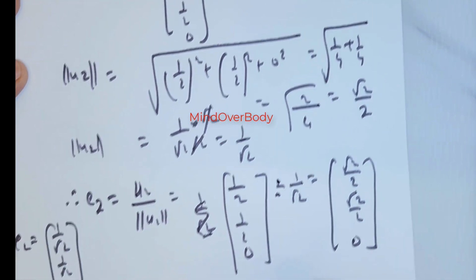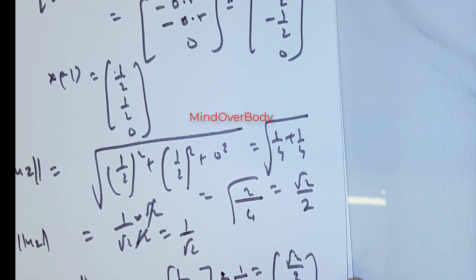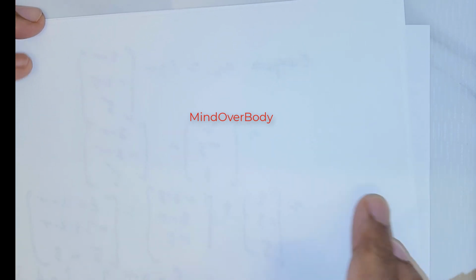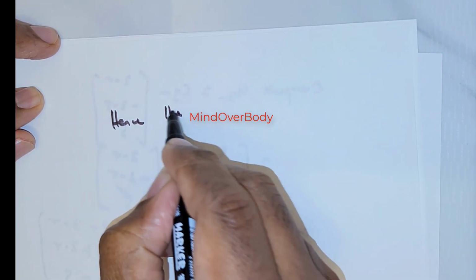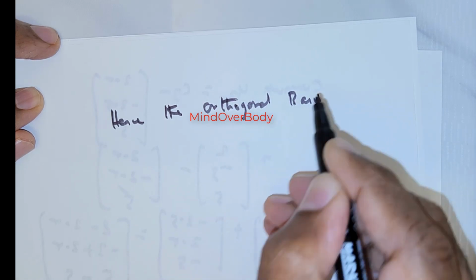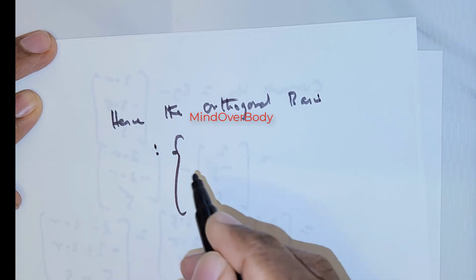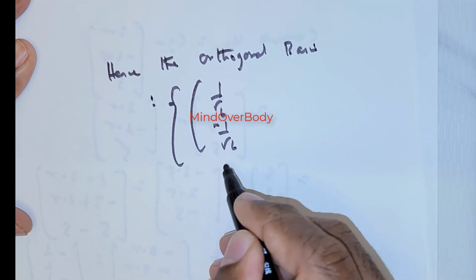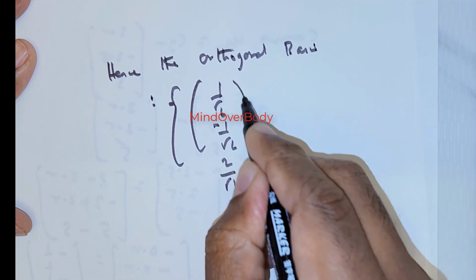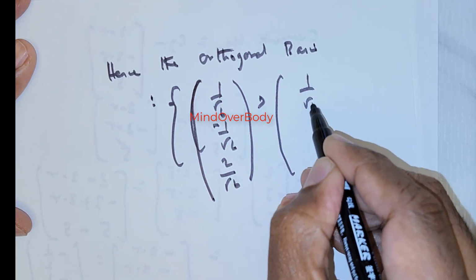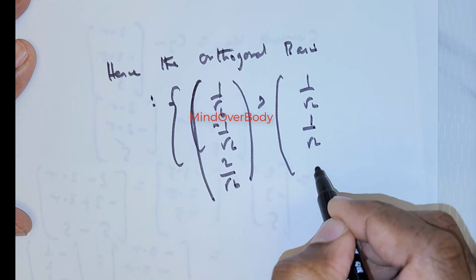So therefore, what are the vectors? Let me write the vectors down. Hence the orthogonal basis is: 1 over root 6, negative 1 over root 6, 2 over root 6, and 1 over root 2, 1 over root 2 and 0.